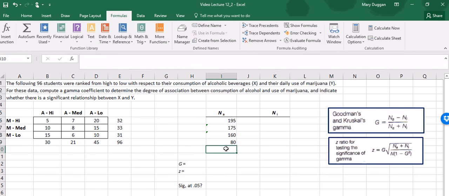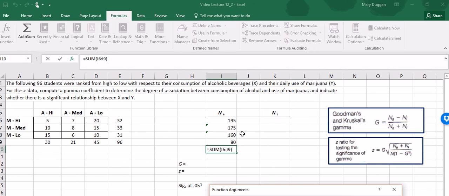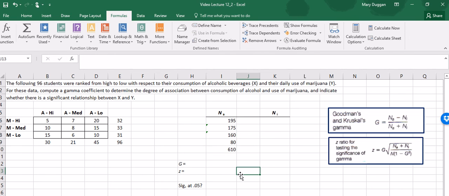So I'm going to do that. Equals the sum. Okay. And so the number of possible agreement pairs we have in this group is 610. So we're doing good.